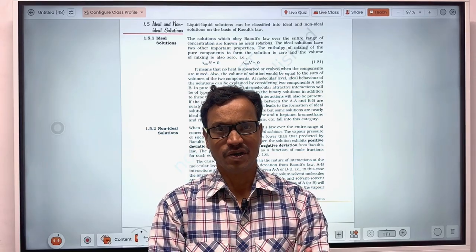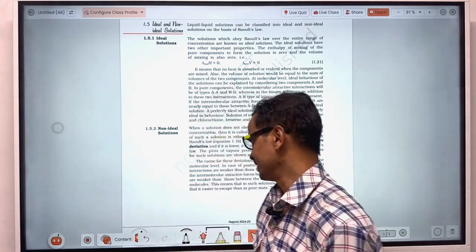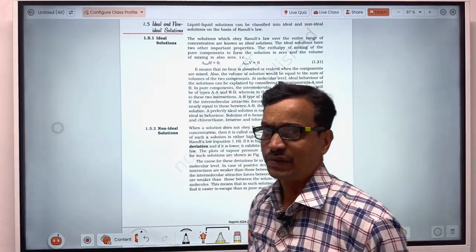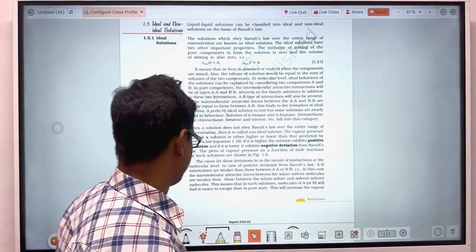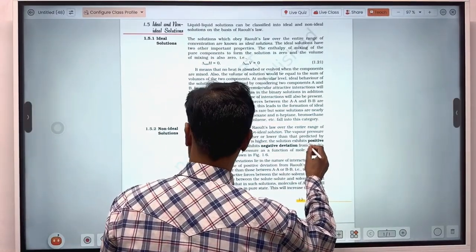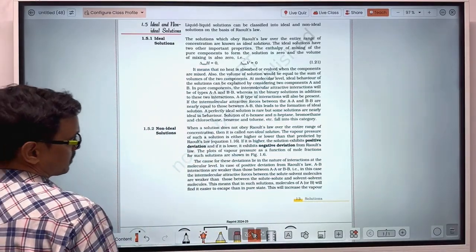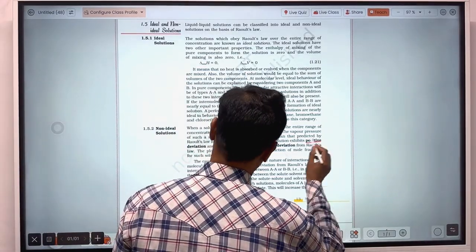That is called a non-ideal solution. And the non-ideal solution is of two types: one is the non-ideal solution showing positive deviation, and another is the non-ideal solution showing negative deviation.